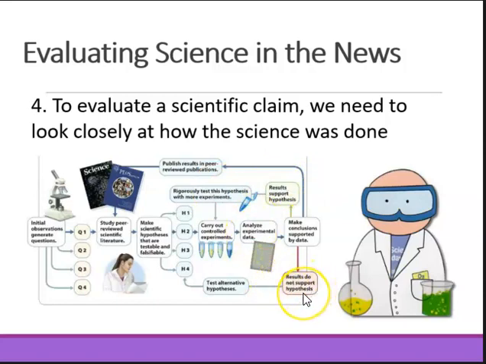If the results do not support the hypothesis, then you will test an alternative hypothesis. So once you can make a conclusion that's supported by a sufficient amount of data, you then attempt to write and publish the results in a peer-reviewed publication.